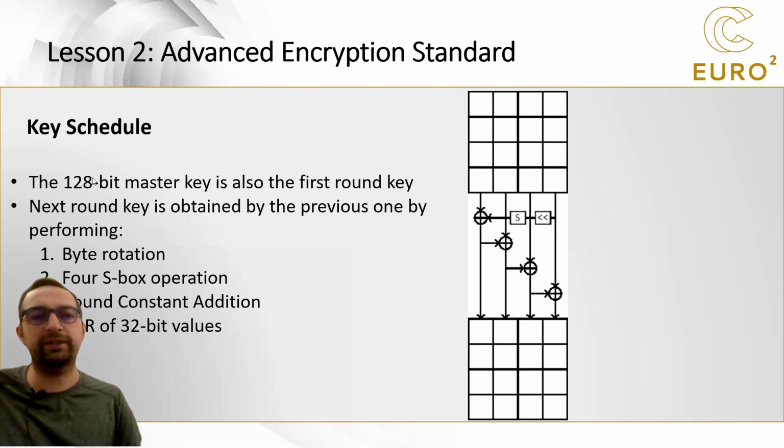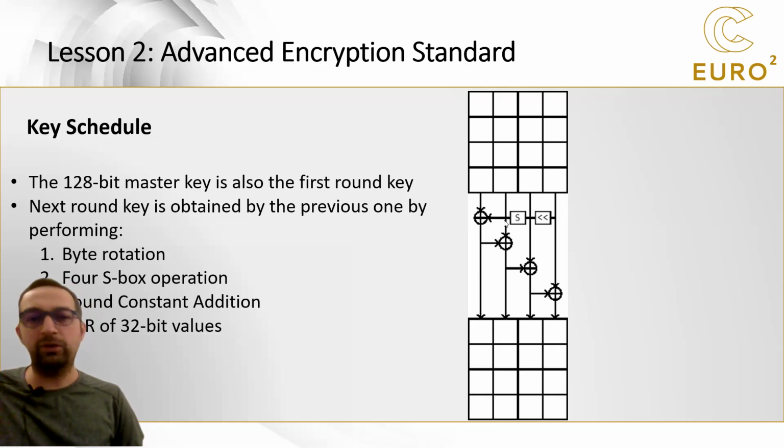You write your 128-bit master key again as a 4x4 matrix, but we can also treat it as 4 columns of 32-bit values. The rightmost column is treated as follows. You rotate it 1 byte to the left, then apply the SBox operation on all of these 4 bytes.